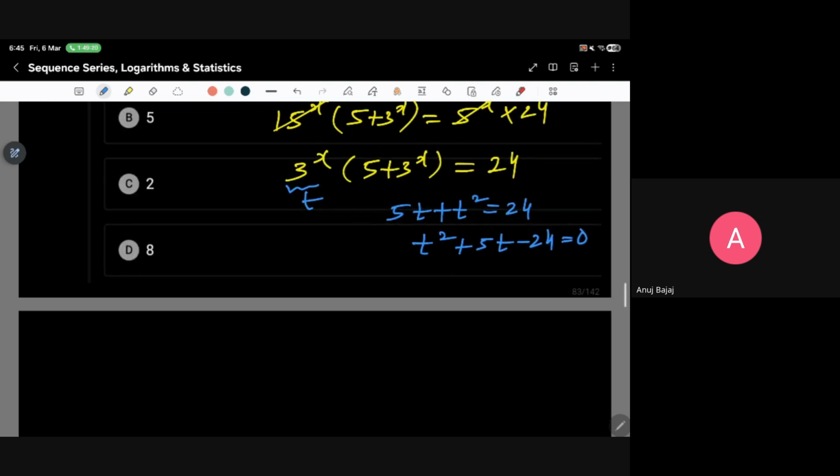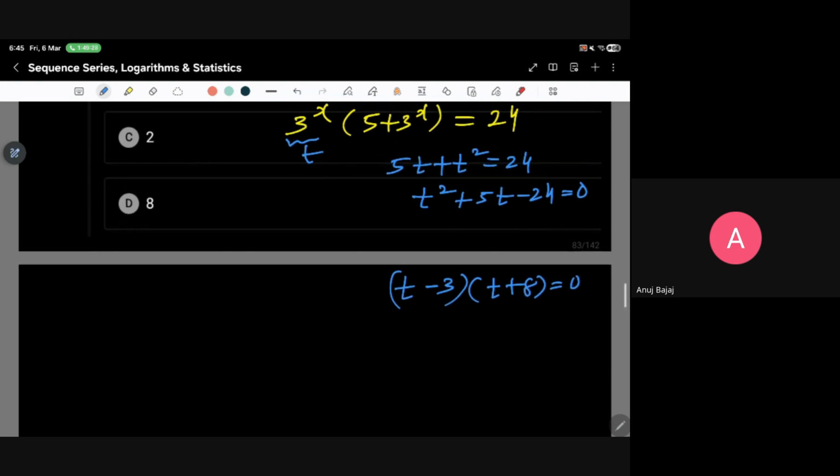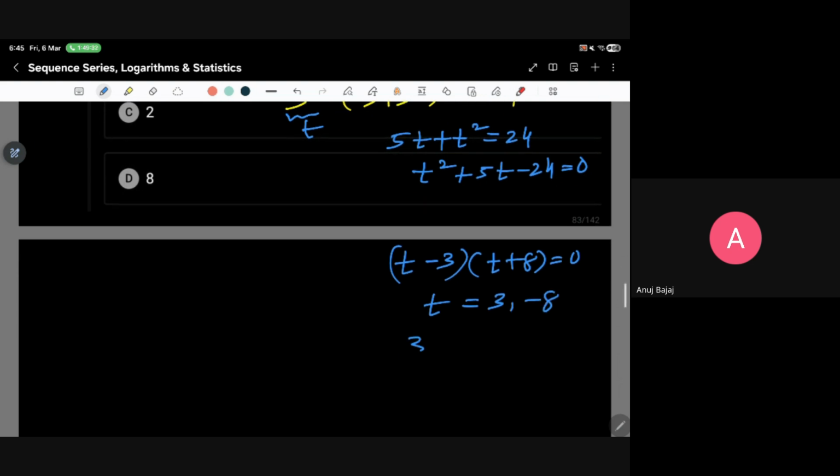So when we factorize this, t minus 3, t plus 8, and t is your 3 to the power x. So 3 to the power x will only be equal to 3.